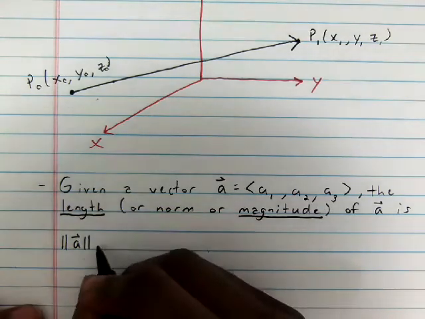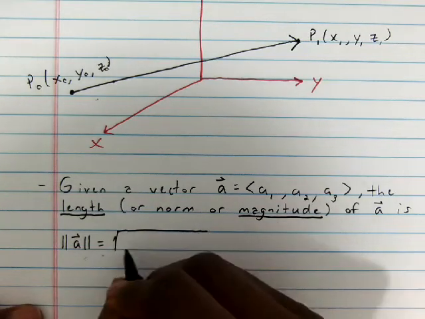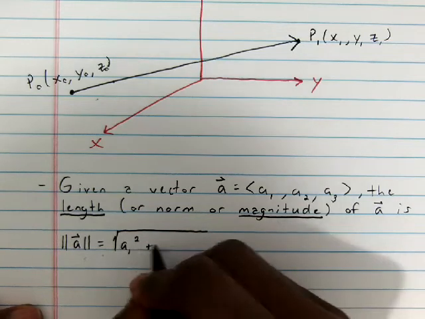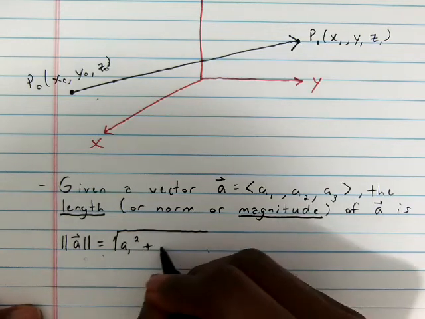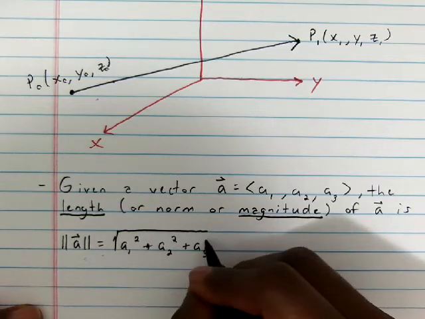And this equals the square root of A1 squared plus A2 squared plus A3 squared.